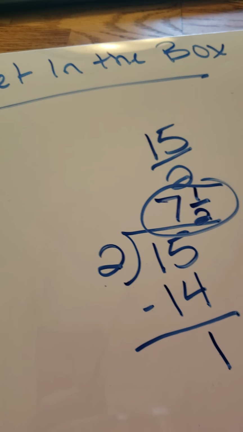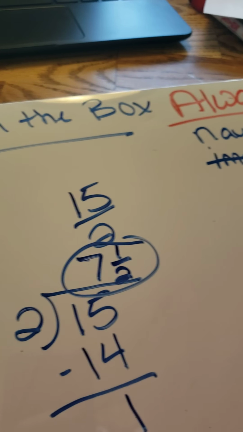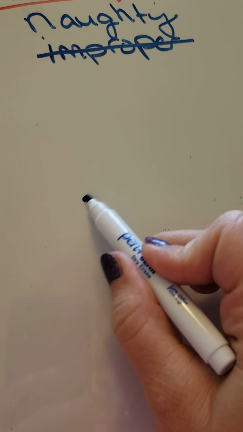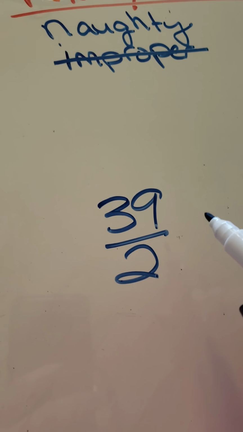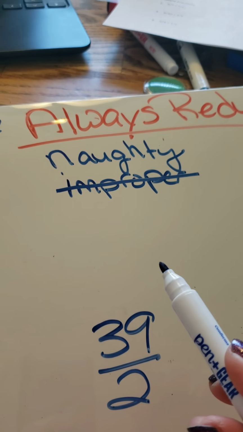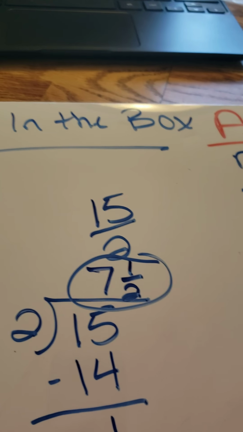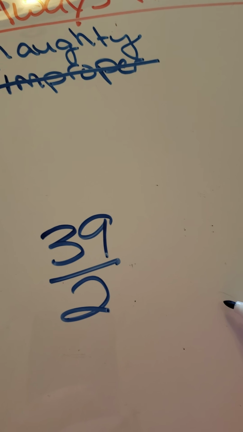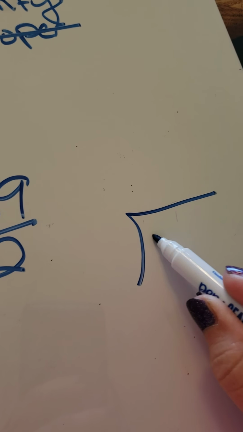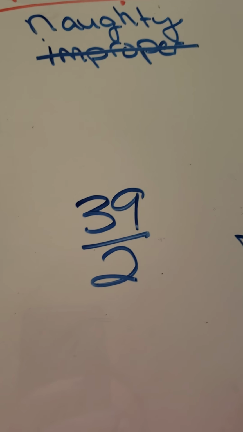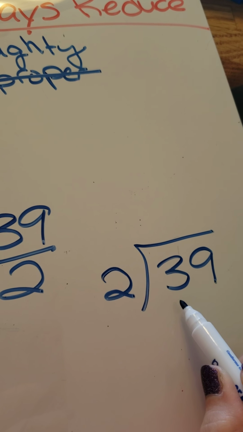We're going to do another one. We're going to move on to number 2, which is 39 over 2. 39 is improper or naughty. So what should we tell 39 to do? Get in the box. Perfect. 39 is the naughty one, he goes in the box. 2 is the good one, he goes outside the box. Can 2 go into 3? Yes.